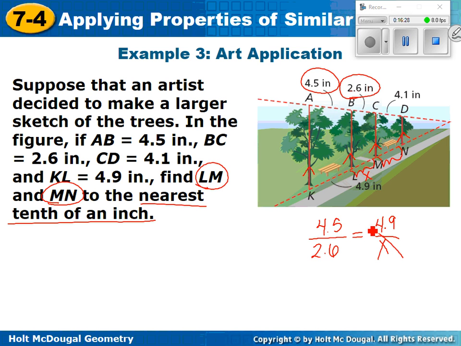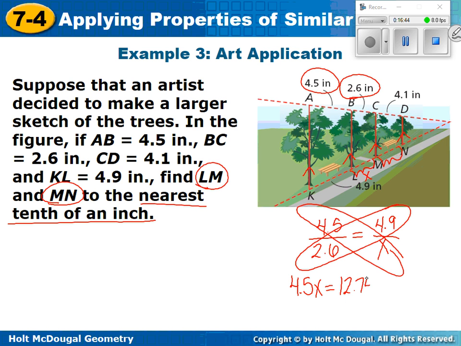Now we can cross multiply and solve. So we end up with 4.5x equals, somebody help me out. Somebody agree with Tate, check his work. Is it 12.74? Multiply that 4.9 times 2.6. Okay, and then what are we going to do from there?